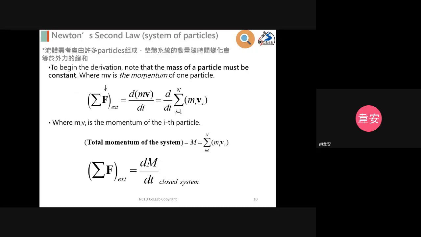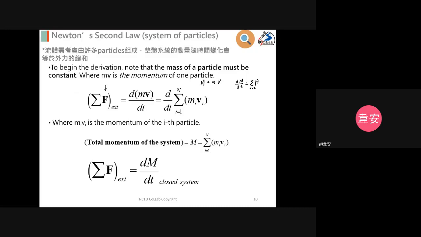So what is the momentum? The momentum is equal to the mass multiplied by the velocity. So we have the velocity and the mass, and we take the differential with time, which should be equal to the external force.